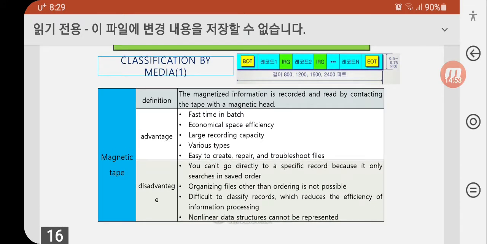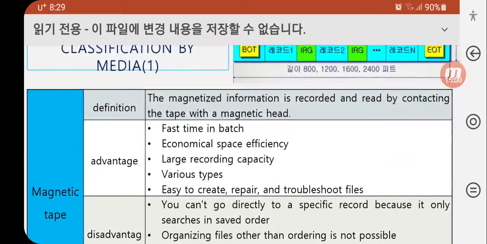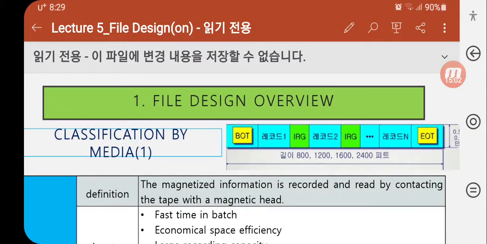First, we review classification by media. BOT is the beginning of tape.